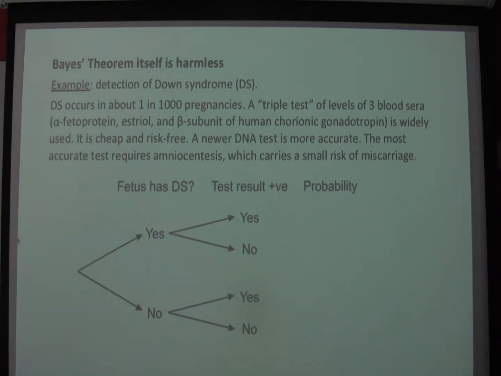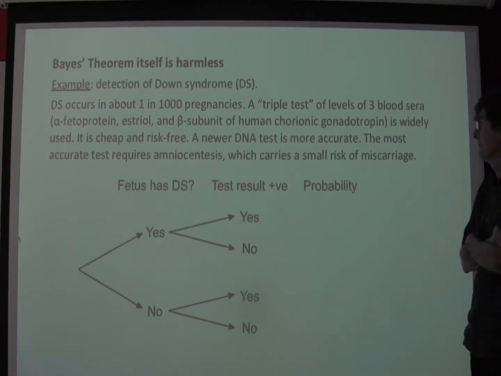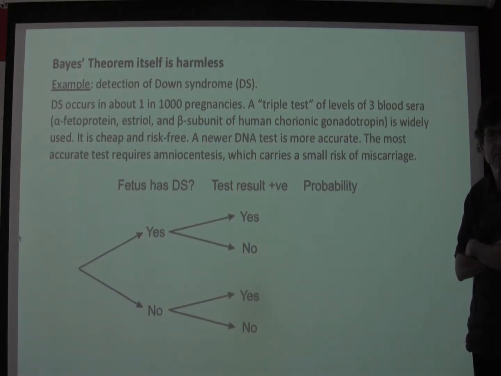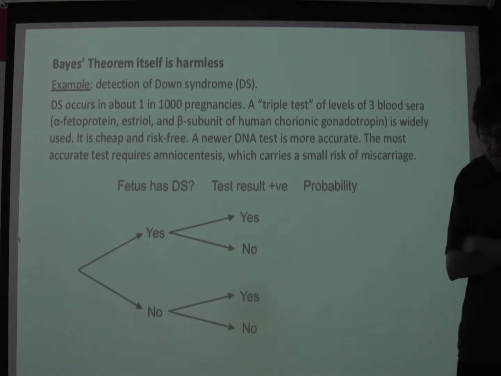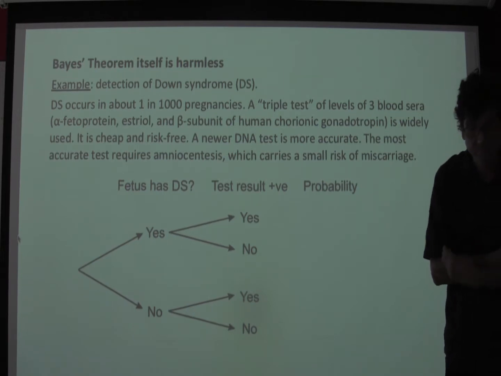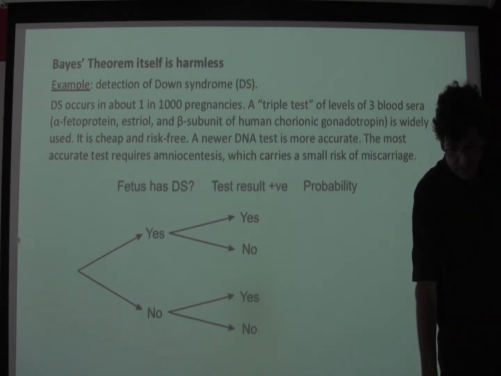And the triple test is not incredibly accurate, but it is cheap. And so it might be used as a first test, and depending on the outcome, then more expensive tests might be used subsequently. It's not very invasive. It carries a very small risk of miscarriage, which is why it's used.